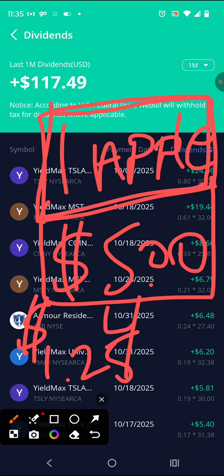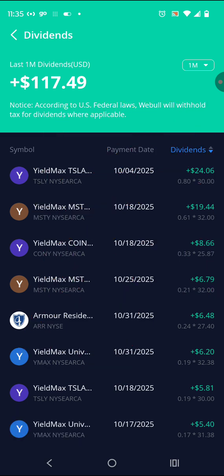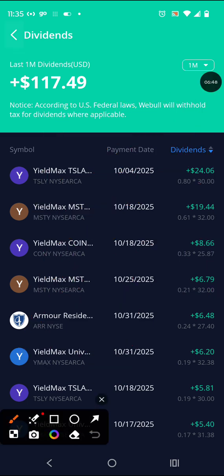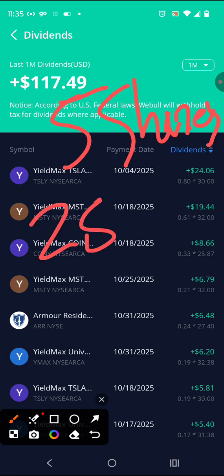Every 3 months, you're going to get $1.25. So once your brain starts working and it clicks, you know that, oh, wow, okay. If I have 5 shares instead of 1, I'm going to get $25.